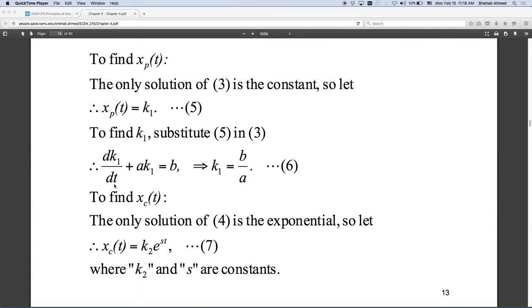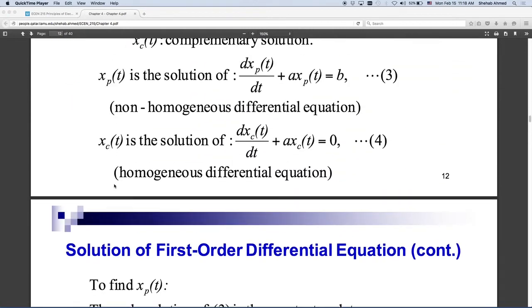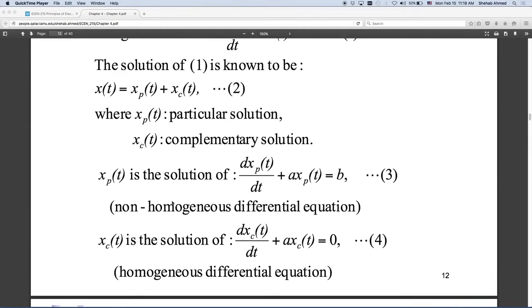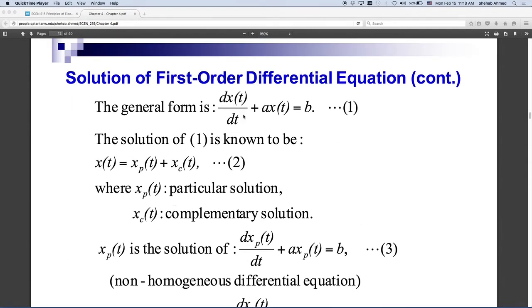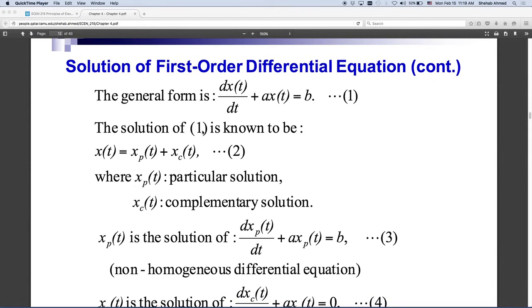Right? And then we add the two solutions together: the solution to the equation without the right hand side term and the solution with the right hand side term. So let me go back again. This is a general first order differential equation with a constant on the right hand side term. The way that we solve it is this: x of t in this case has a particular solution.